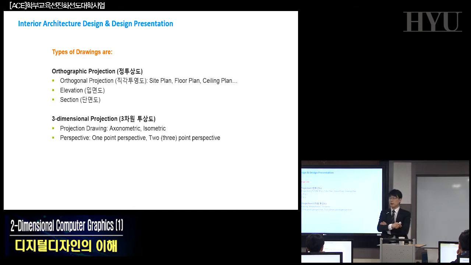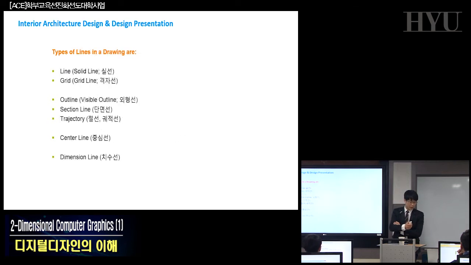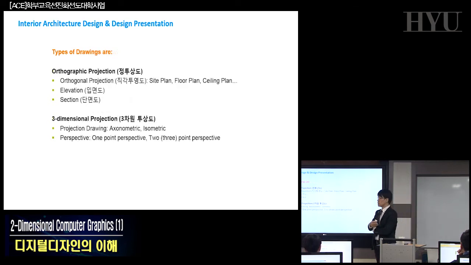Even if you spend a lot of time, it doesn't guarantee that the perspective is precisely and correctly drawn. Okay? But by using computers, you can do that very efficiently and quickly. That is why you can keep focusing on the content, not on the effect of the visualization or some drawing types and so on. By the way, do you know the difference between axonometric and isometric? Have you learned it from another course?